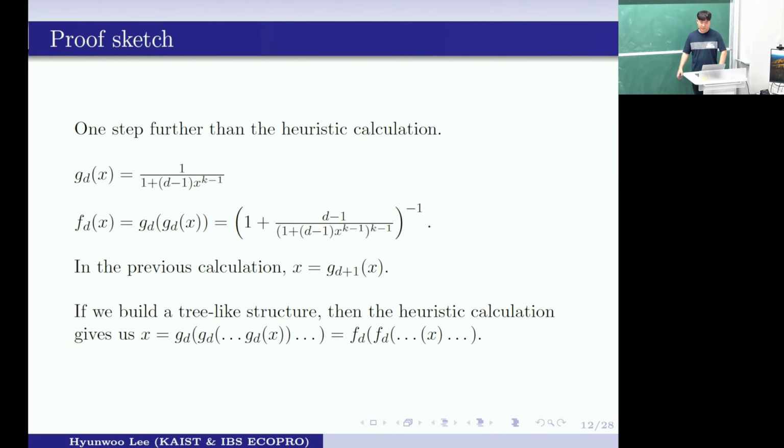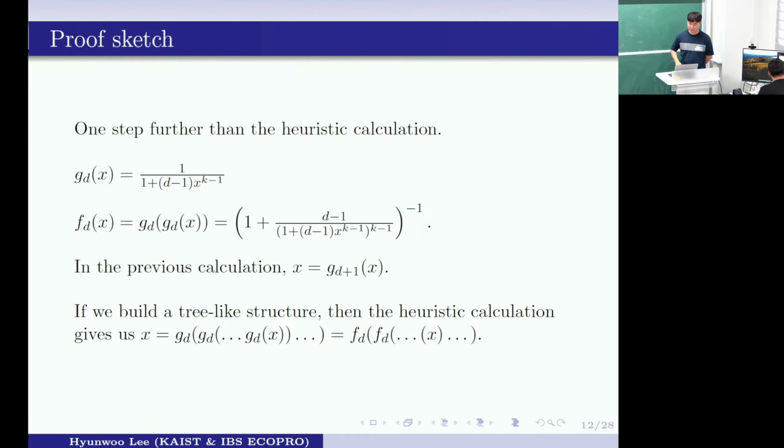It means that if we build some tree-like structure, then the previous heuristic calculation will give x as almost the same as these many composited values.